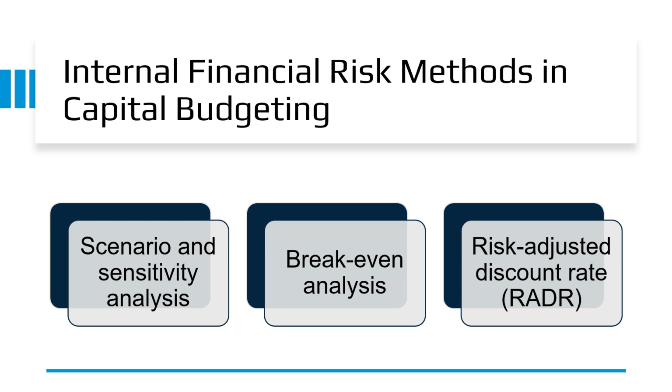Another method is a break-even analysis, which shows the minimum level of performance required for a project to break even and avoid losing money. The third approach is to use a risk-adjusted discount rate, which means adding a bit of extra caution, or a risk premium, to the rate used to evaluate future cash flows to account for uncertainty and potential fluctuations.